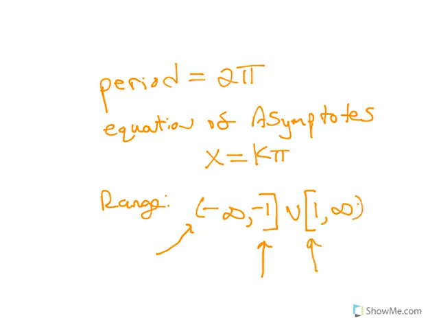So squared off bracket on the 1, because we can actually use the number 1, that's inclusive. Parentheses on the infinity, because we can't actually include the number infinity since we will never reach that number. So the squared off bracket is inclusive and the parentheses are exclusive.